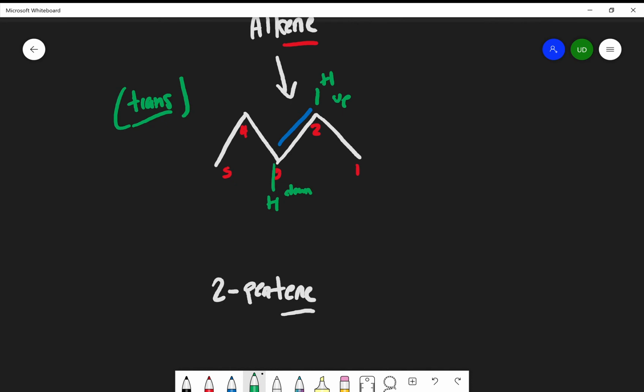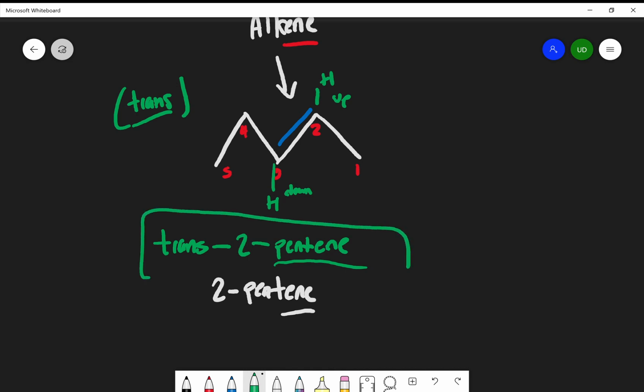So you begin the naming system by placing trans first. Trans-2-pentene, because there's an alkene here, so it'd be pentene. So this is our parent group. So this is the correct way of writing this.